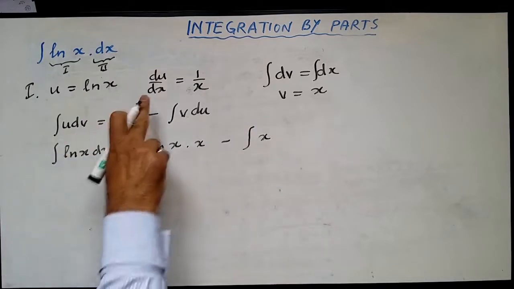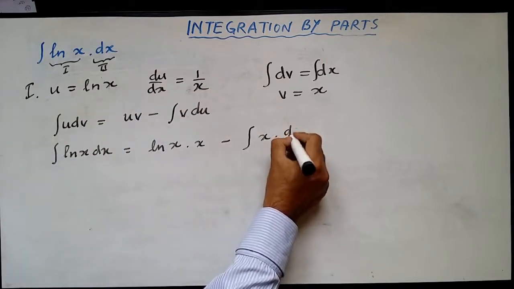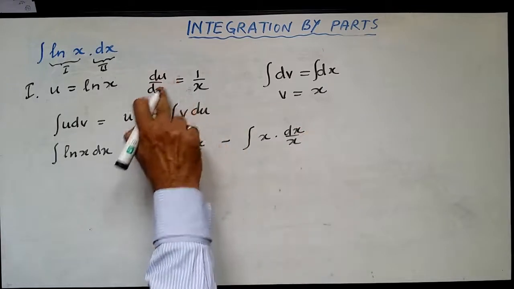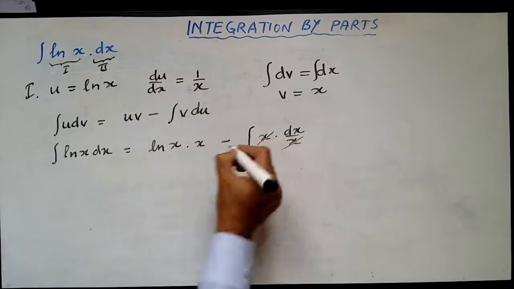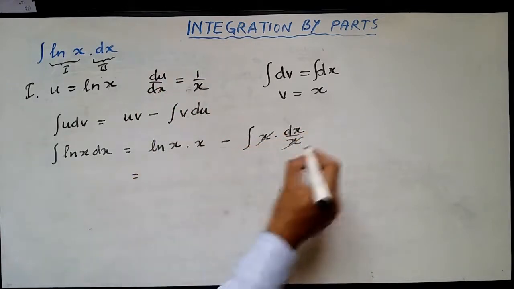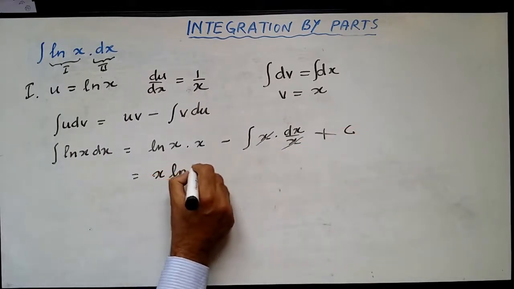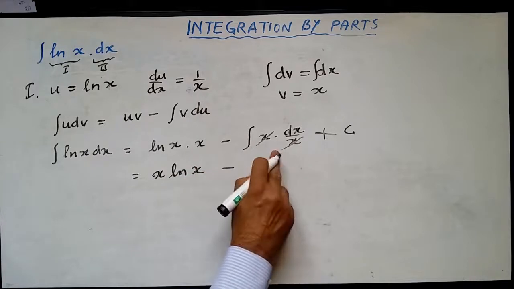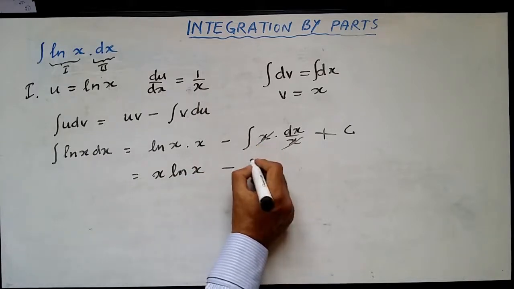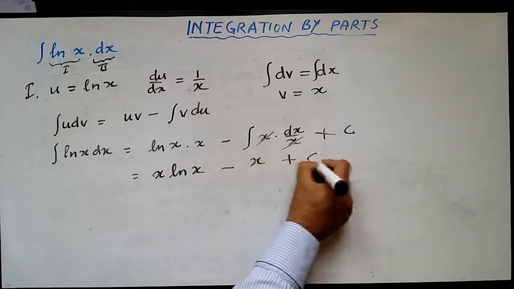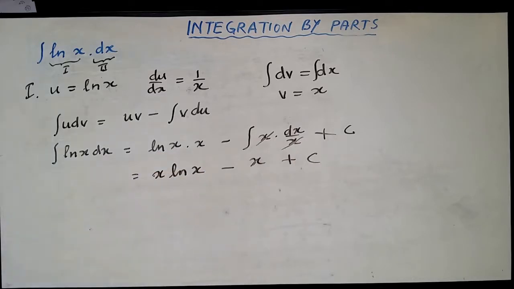And du is dx by x. This x and x cancels, and we add the constant of integration as c. So we get x ln of x minus integration of dx, which is x. This is how you solve a problem on integration having one of the functions as a logarithmic function.